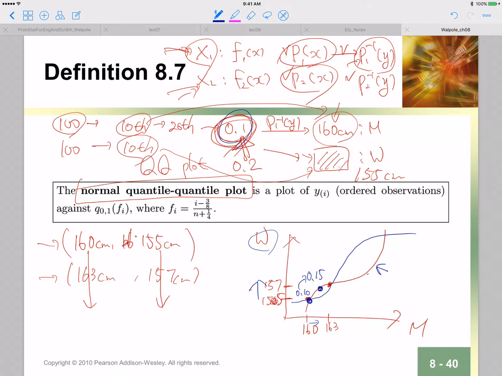So in this case, in order to increase the same amount of probability, the woman needed a shorter distance, I mean a shorter amount of x values, right?